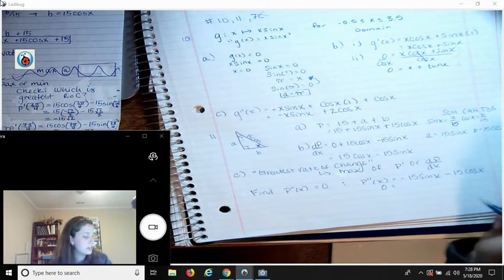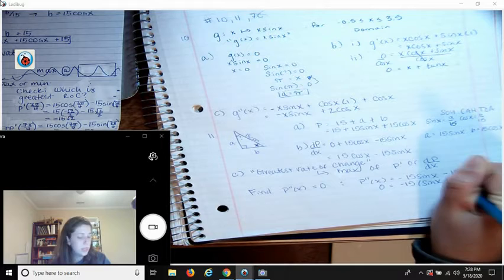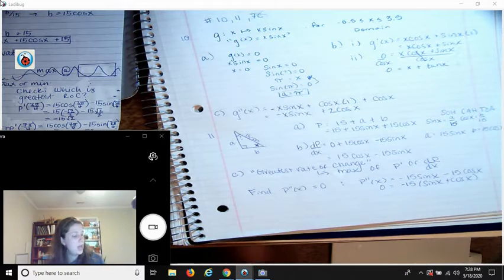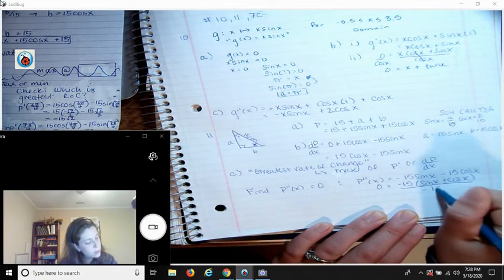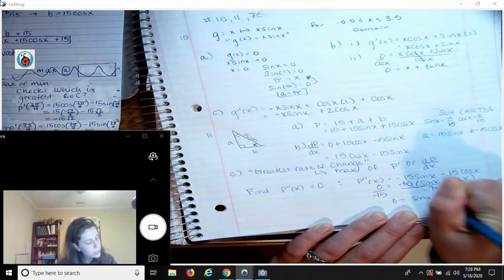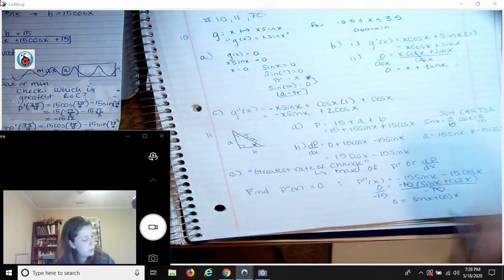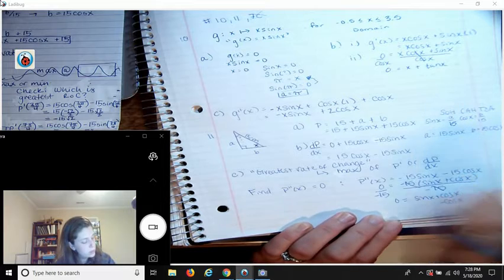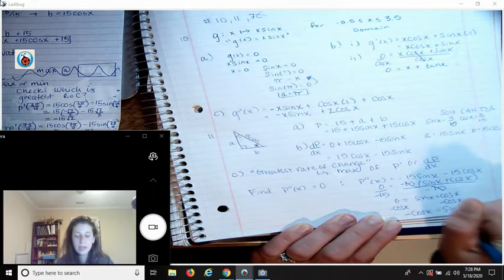I'm going to factor out just the negative 15 from both, so we get sine x plus cosine x. Then we can divide both sides by the negative 15, so we still get 0 equals sine x plus cosine x. Then we can subtract cosine from both sides, so negative cosine x equals sine x.